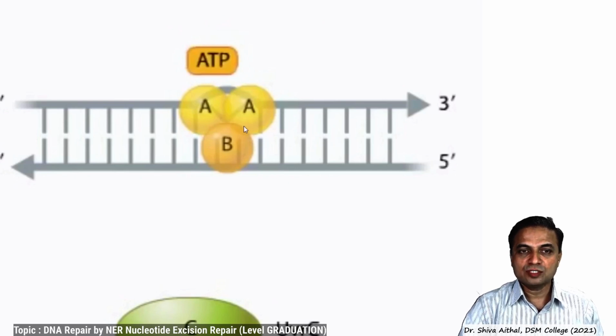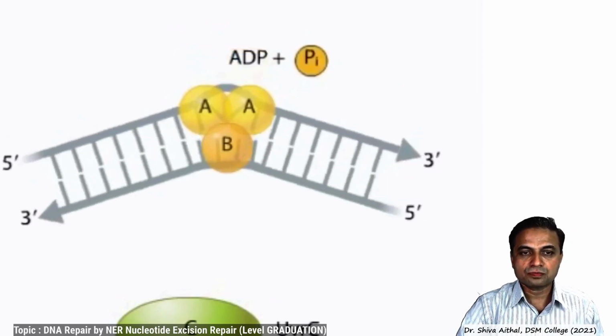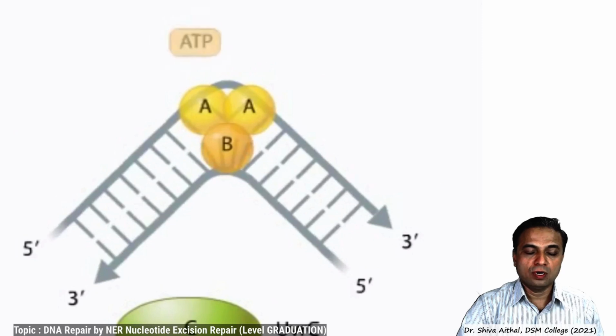Now once it is bound here, UvrA will bend the DNA near the damage. This will be completely bent, and UvrA will load UvrB onto the damaged DNA, after which the UvrA will be ejected from the whole assembly on the DNA.